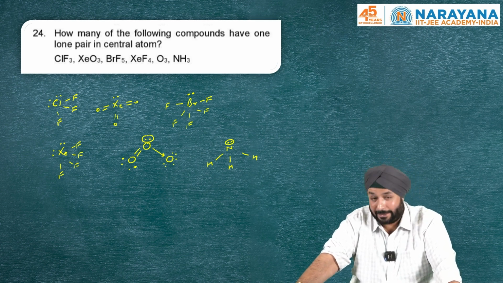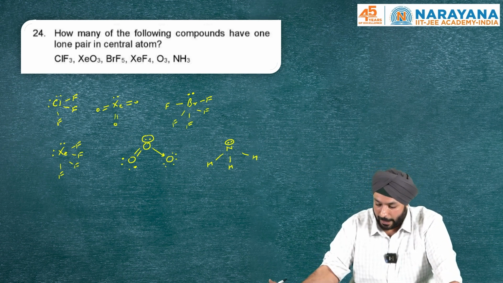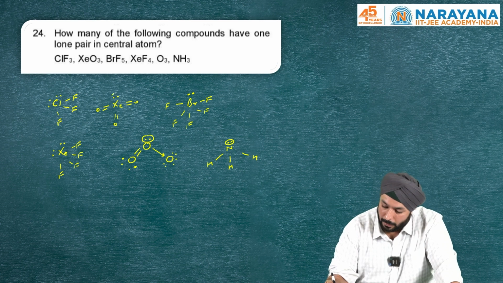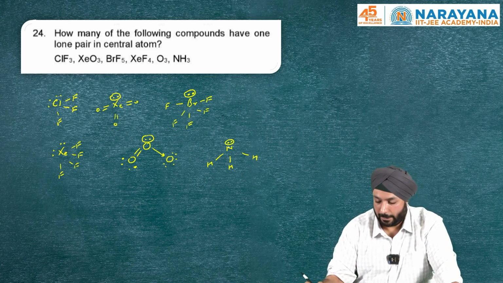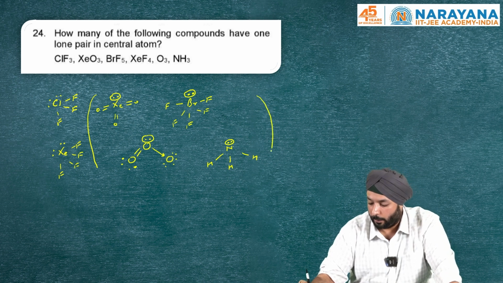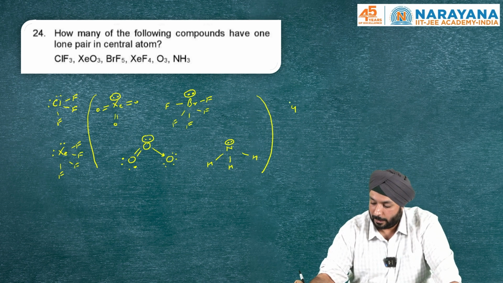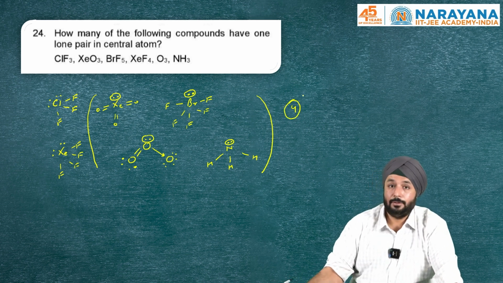Every student should attempt this kind of question because it's free marks, right? So the answer should be XeO3, BrF5, ozone, and ammonia, right? So these are the four molecules which will have one lone pair in the central atom. The answer should be four. Should we move ahead?